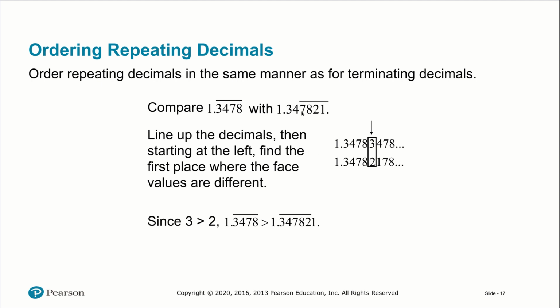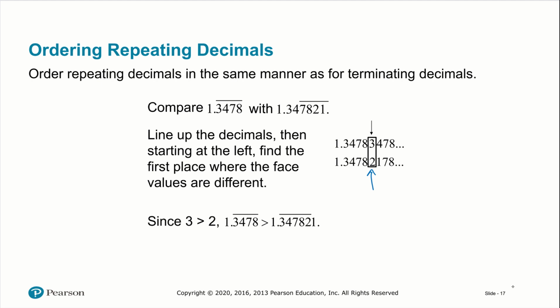Notice that in this one, the repeatant is the 7821. So I get 1.347, 7821, and then 7821, etc. So I repeat the 7821. Now I start scanning from left to right, and I notice the same. This right here is the first spot where there is a difference between them.